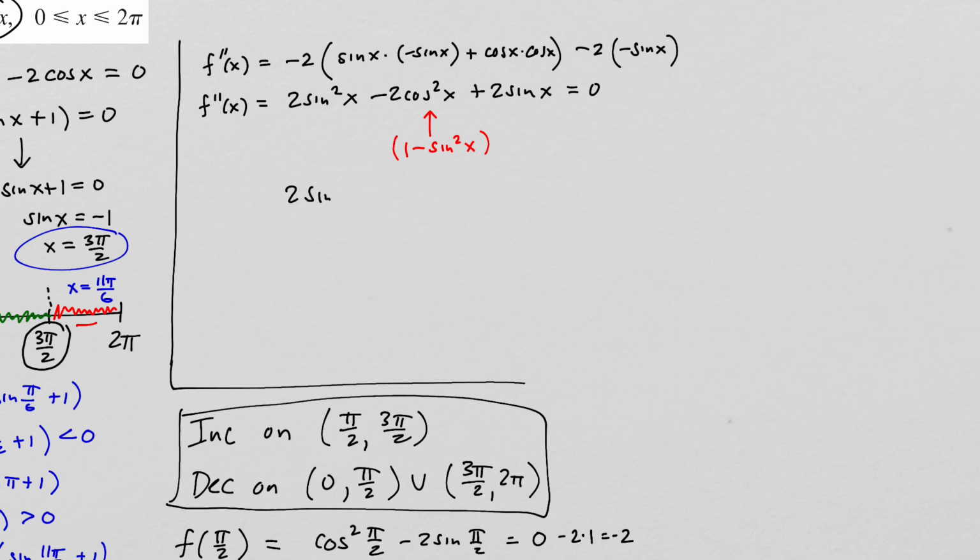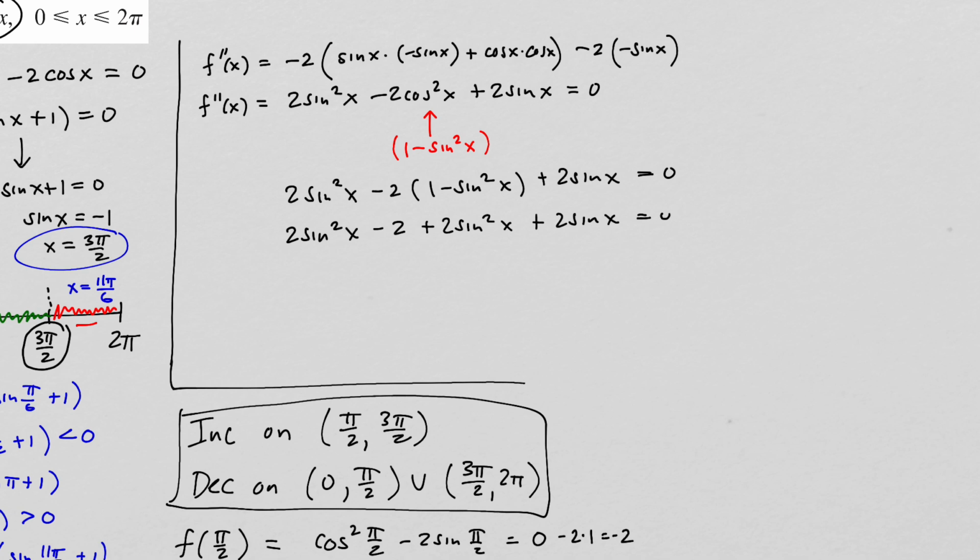So we get 2 sine squared of x minus 2 times 1 minus sine squared of x plus 2 sine of x equals 0. This is 2 sine squared of x minus 2 plus 2 sine squared of x plus 2 sine of x equals 0. And this is 4 sine squared of x plus 2 sine of x minus 2 equals 0.